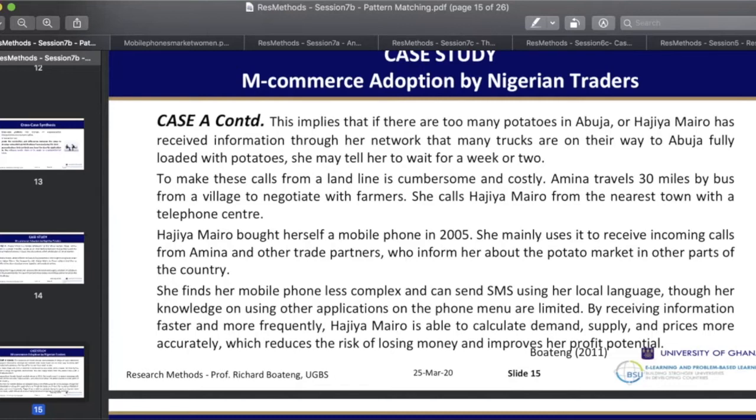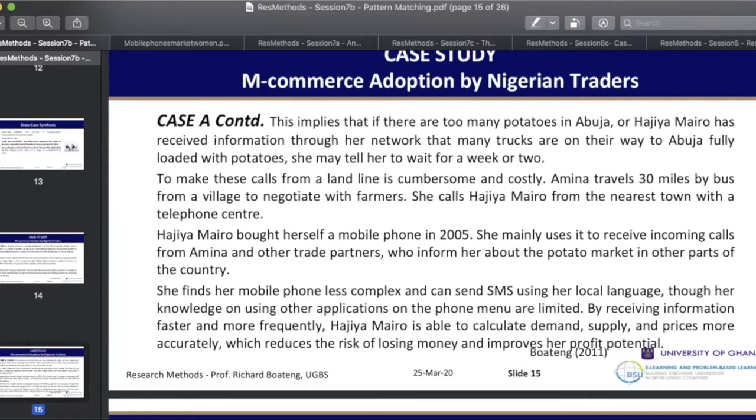So Amina travels 30 miles by bus from a village to negotiate with the farmers. She calls Hajia from the nearest town with a telephone center. Hajia bought herself a mobile phone in 2005. She mainly uses it to receive incoming calls from Amina and other trade partners who inform her about the potato market in other parts of the country.